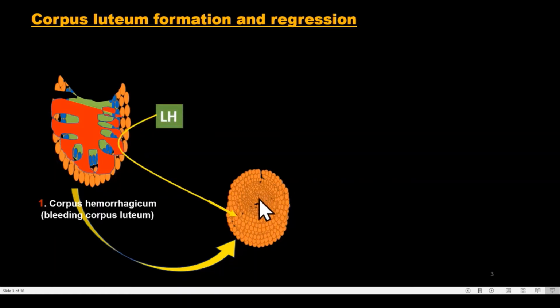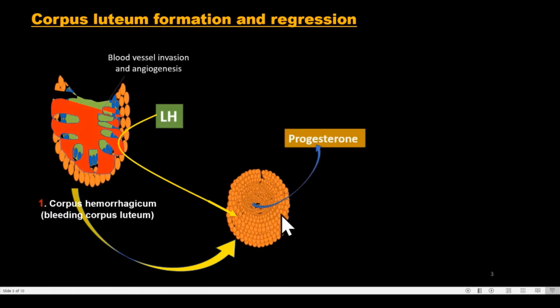Under the influence of LH they start producing progesterone, the pregnancy hormone, and progesterone concentration increases due to the activity of the luteal cells in the corpus luteum.